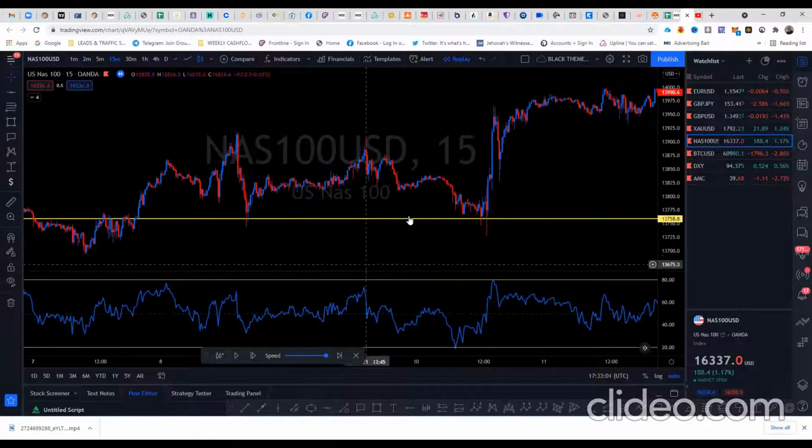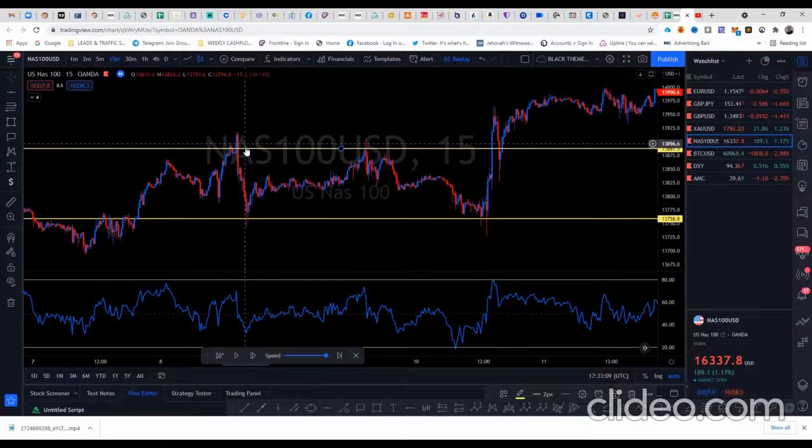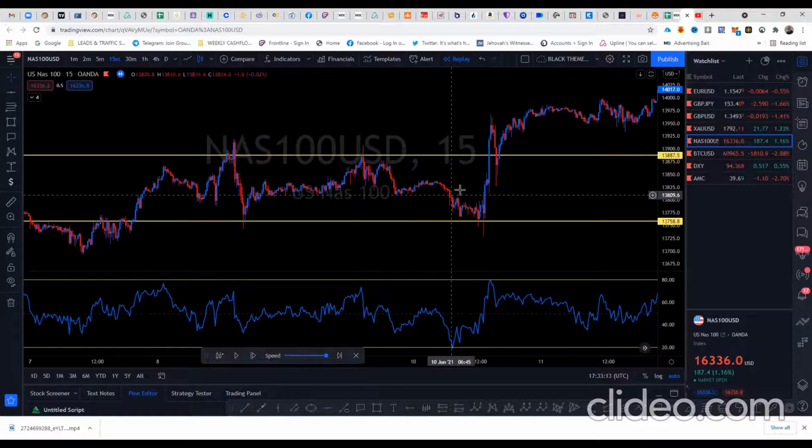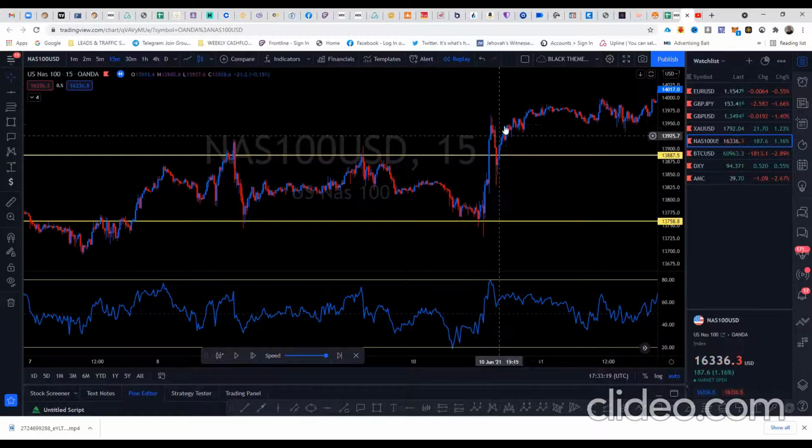I could have started from the bottom and worked my way up. Normally I do, but I'm not going to worry about it this time. We see that price hit this zone once and then twice, then came down and hit this zone, and then sprung up an imbalance move, which was a huge uptrend.